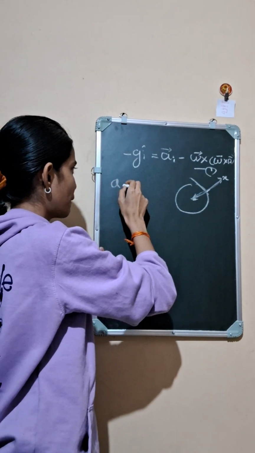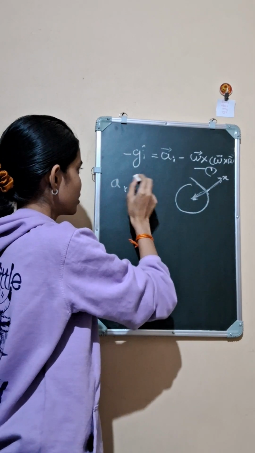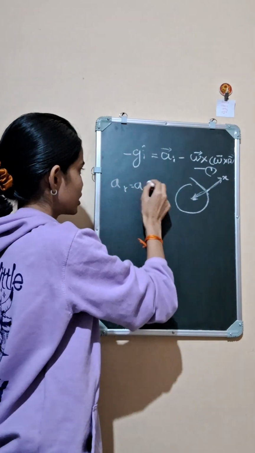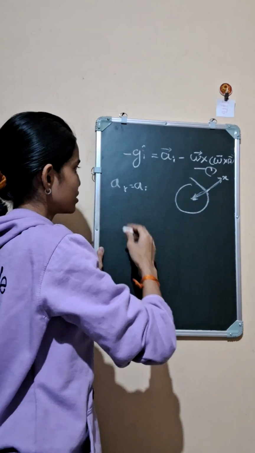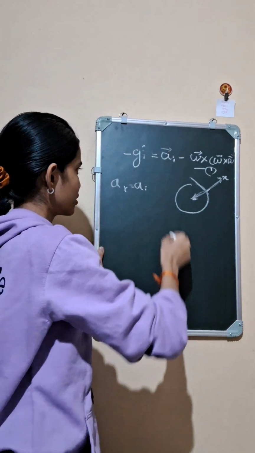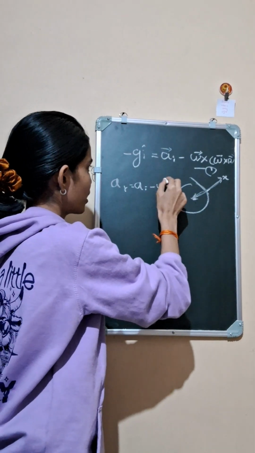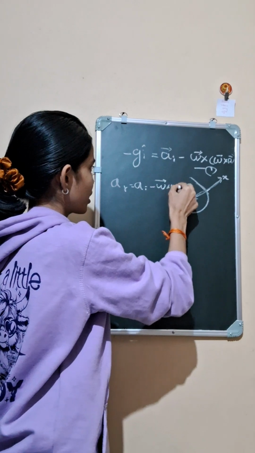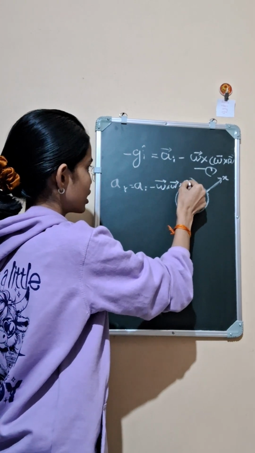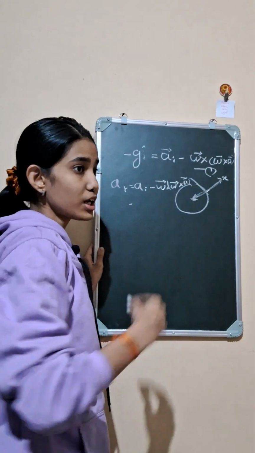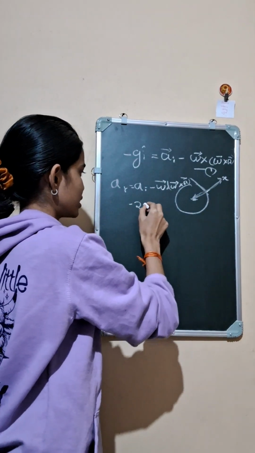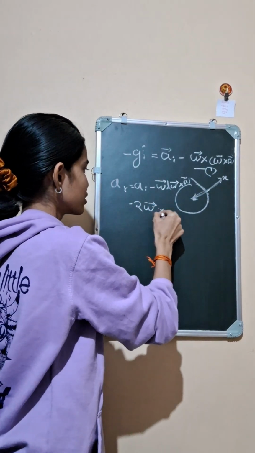Acceleration in rotational frame equals acceleration in inertial frame minus some pseudo forces, right? That is minus omega vector cross r, the centrifugal acceleration, and minus the Coriolis acceleration, 2 omega cross vr.